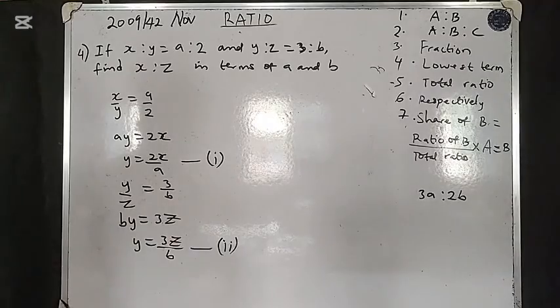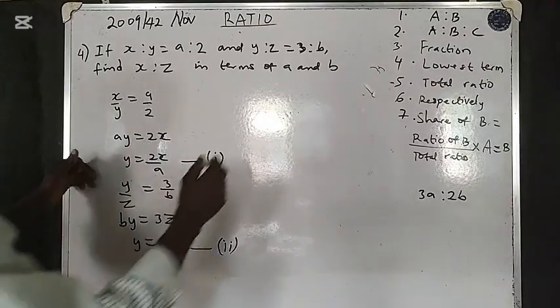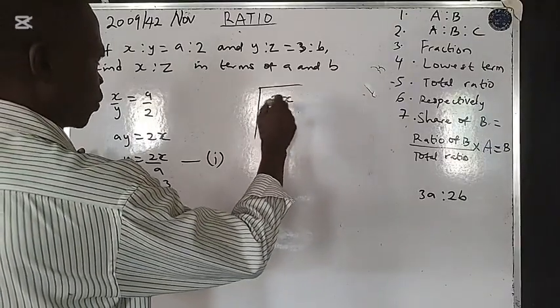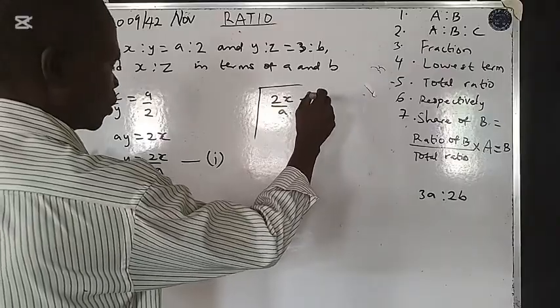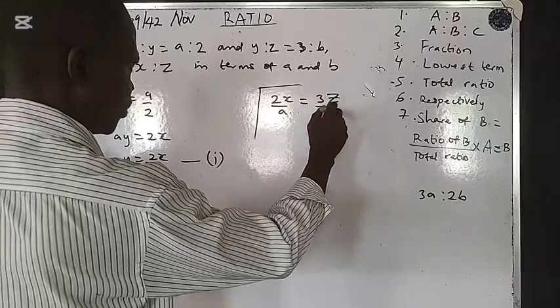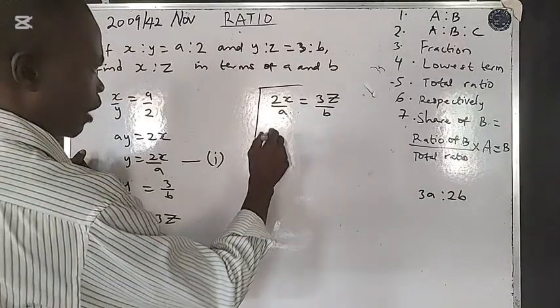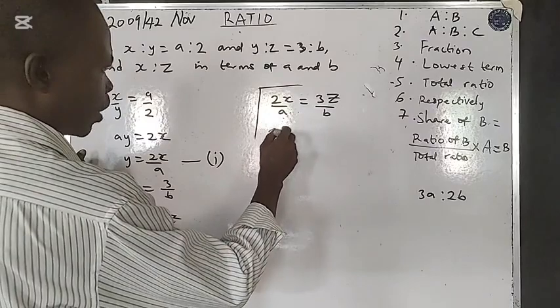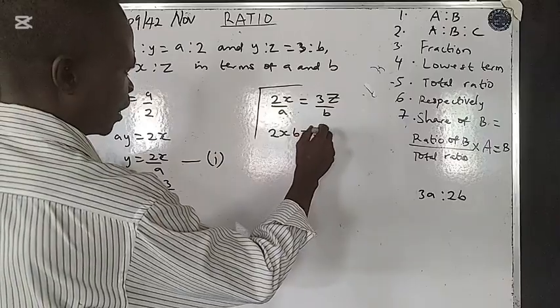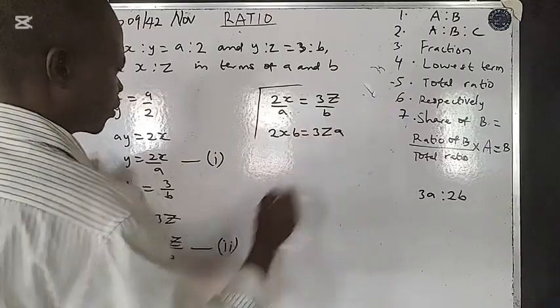Can we equate the two values of y? So in that case, we say 2x over a equals 3z over b. When we cross multiply, we have 2xb equals 3za.